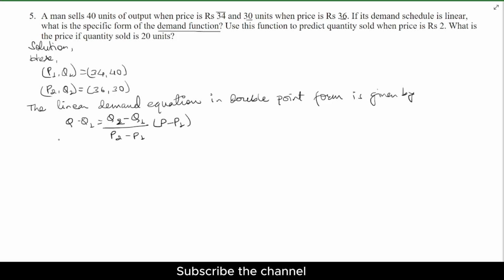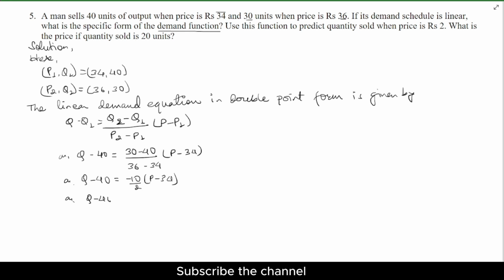We'll substitute the values. In terms of Q, Q1 is 40 and Q2 is 30 minus 40. P2, the price, is 36 minus 34, and then P minus P1 is P minus 34. So Q minus 40 equals 30 minus 40, which is minus 10 over 2, times P minus 34.